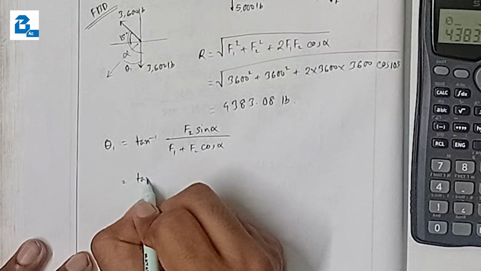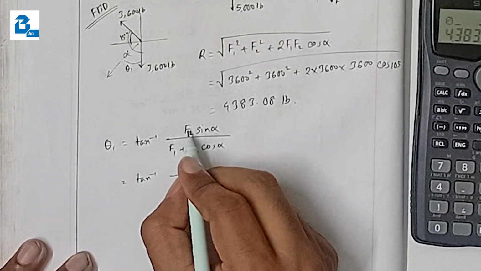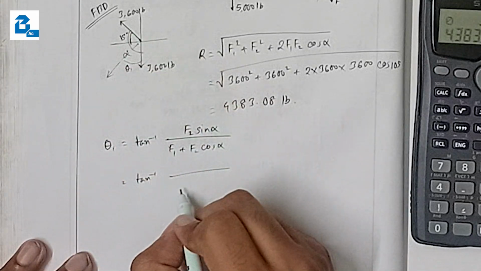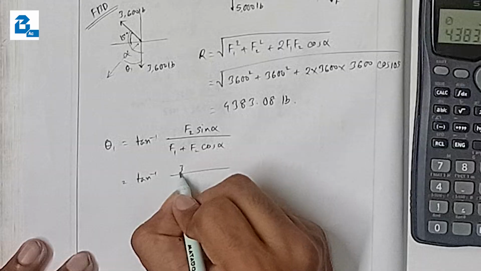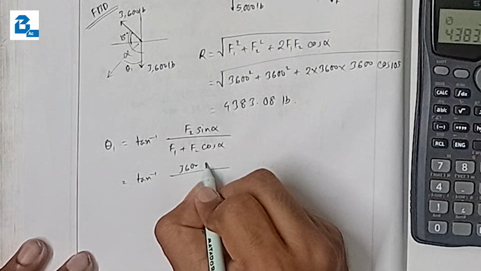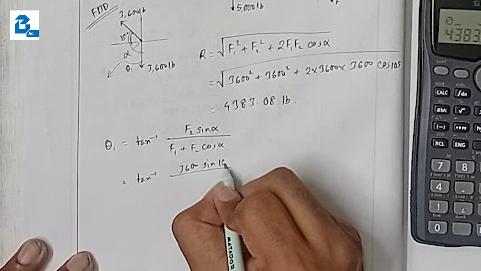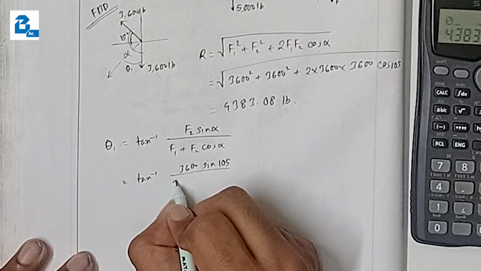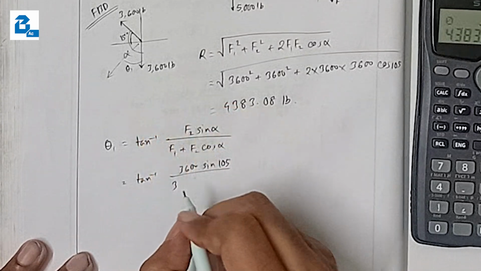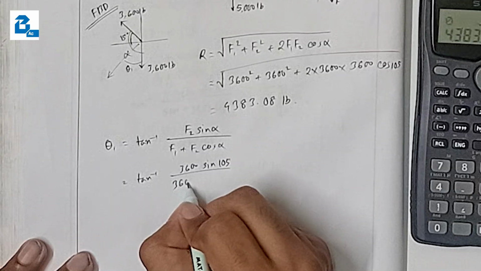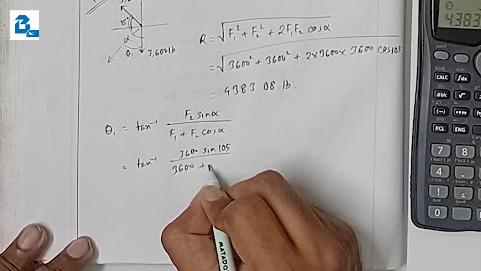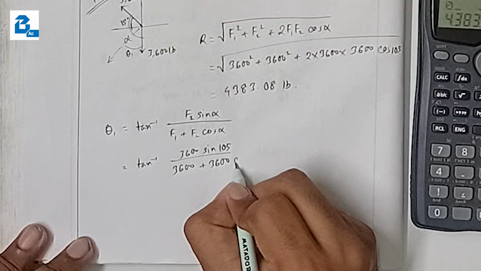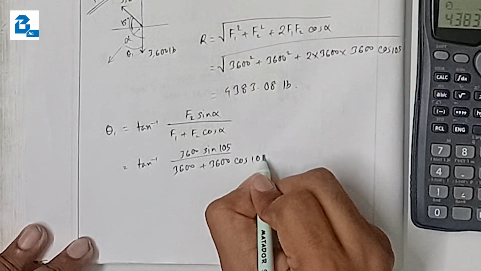Then we will get tan inverse. For F2 we will take the CD or the tension in the cord. Then we will get 3600 sine 105, and then for F1 we will take the vertical one, which is 3600, plus F2, which is also 3600, then cos 105.